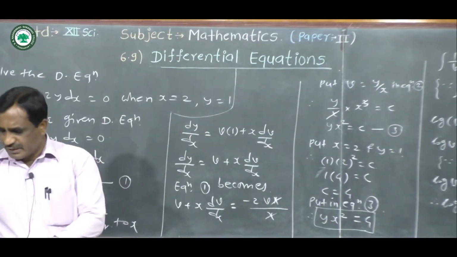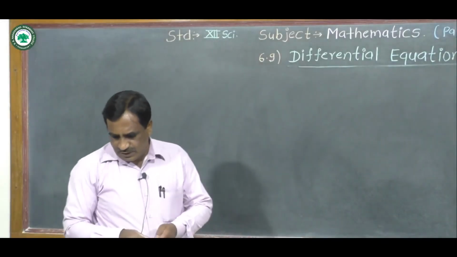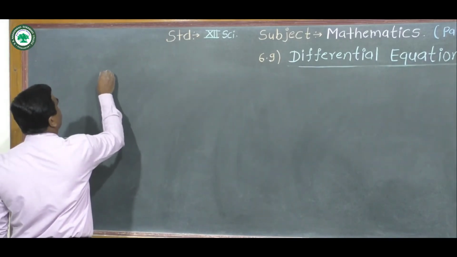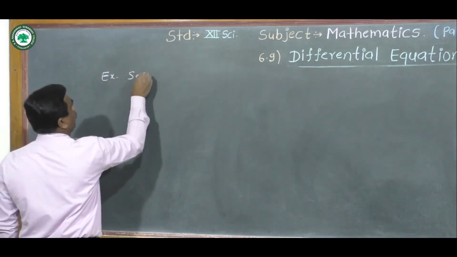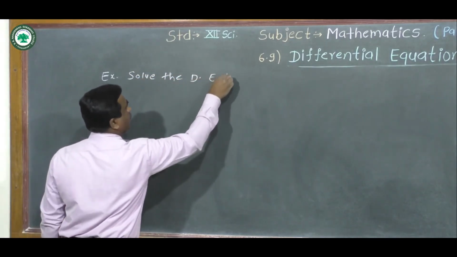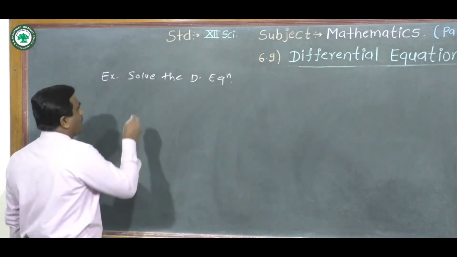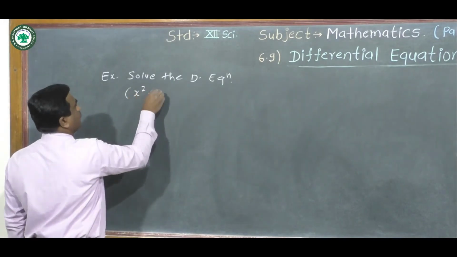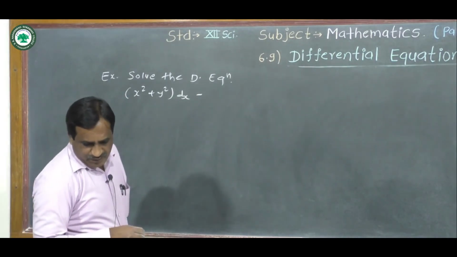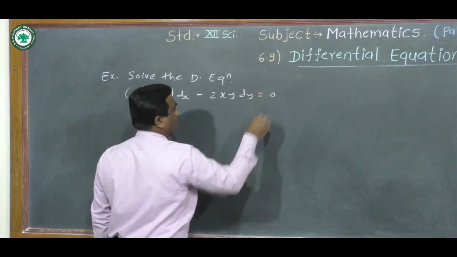Okay. Now we see next example here. One more example. Our next example is, solve the differential equation x square plus y square into dx minus 2xy into dy equal to 0.